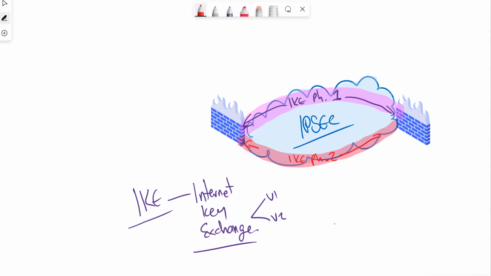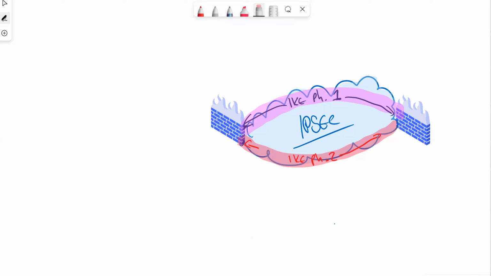Now, if these two gateways need to have a tunnel, and they don't know if they should use IKE version one, then they're going to have to establish what they're going to use. So phase one is all about the tunnels and how they're going to negotiate. And there are 5 simple things they do this by. The easy way to remember this is if I write it over here, because I'm going to do it in 2 different colors.